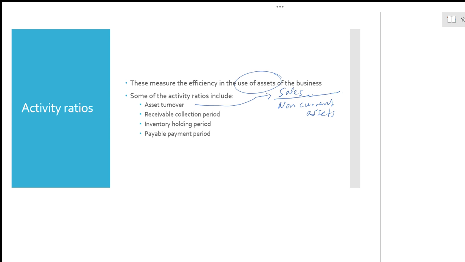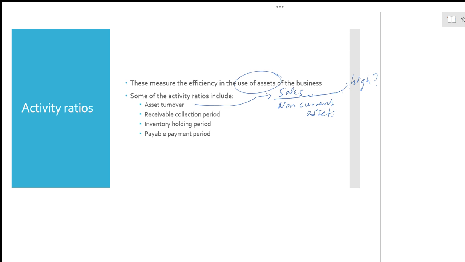Now, a high asset turnover is, to some extent, good news, because it means that assets are being utilized efficiently. But a high asset turnover may not be a good thing. It may be indicative of certain issues such as overcapitalization.